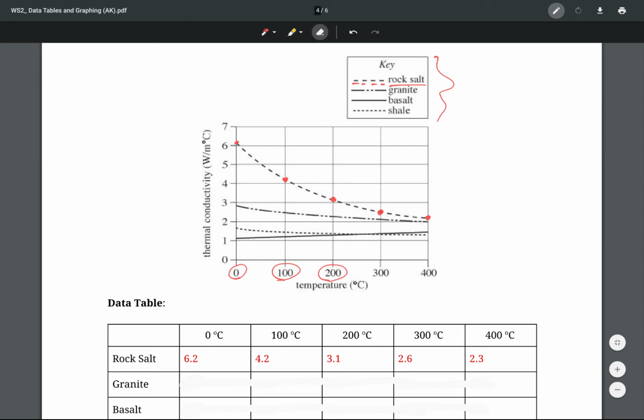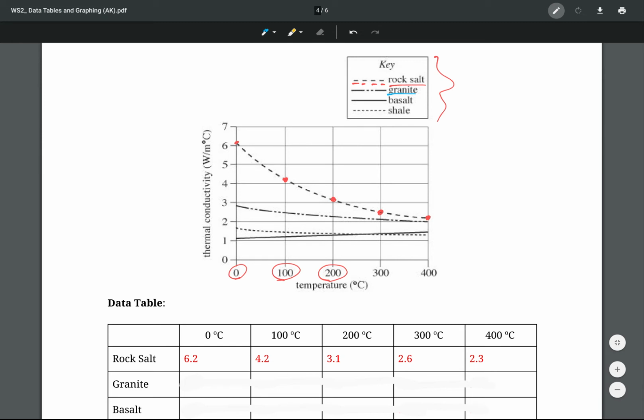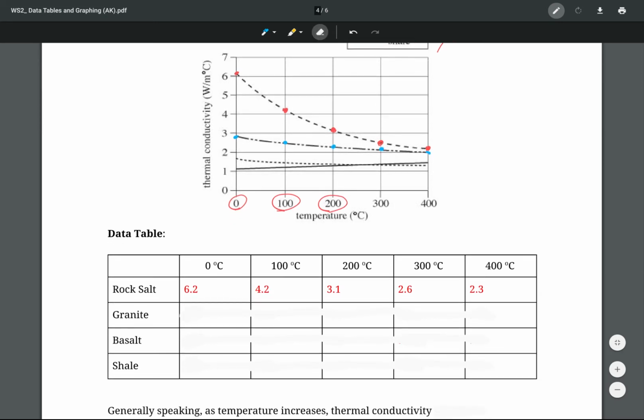So we then repeat this process with the next type of rock, granite. And so we would make data points along the lines, and we'd read where those data points are on the y-axis. And we'd be able to make estimates for what those thermal conductivities are, and then repeat for basalt and shale.